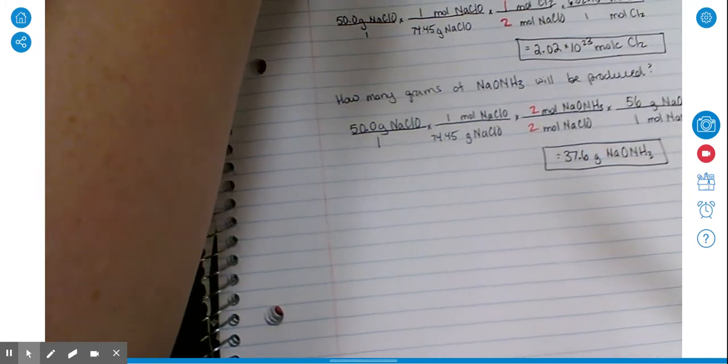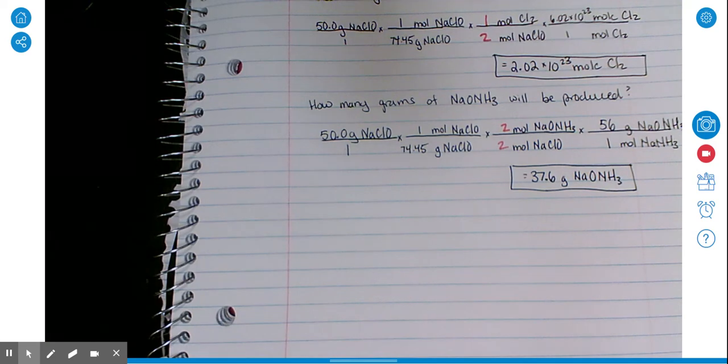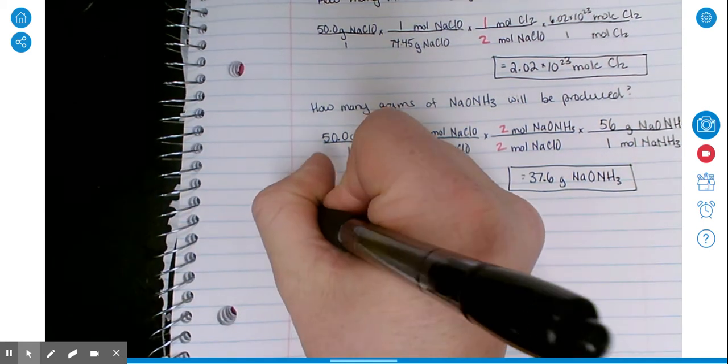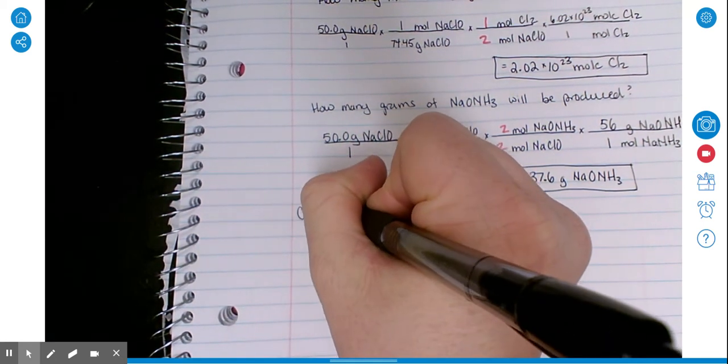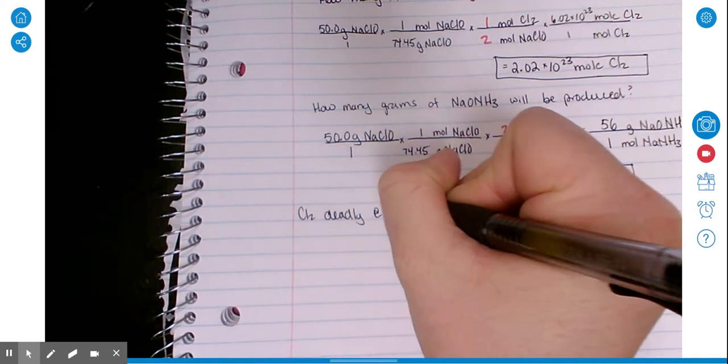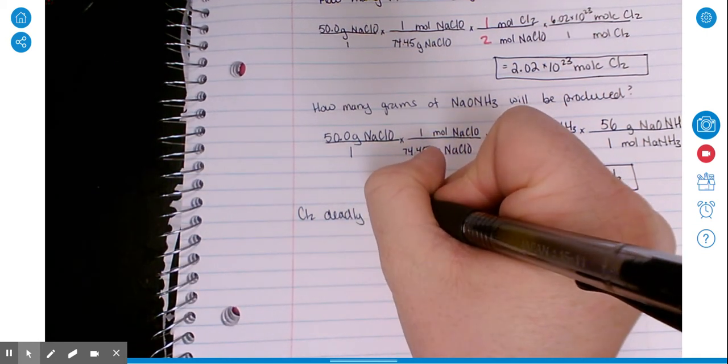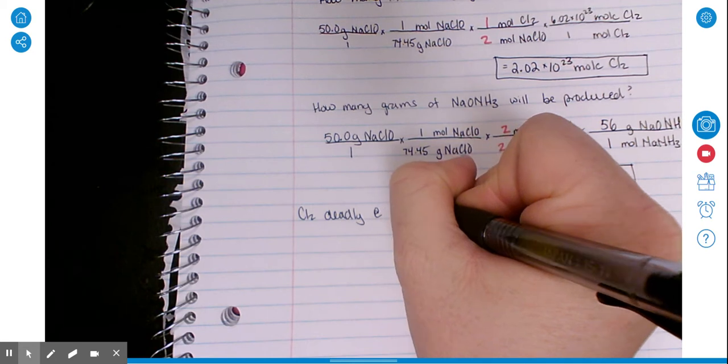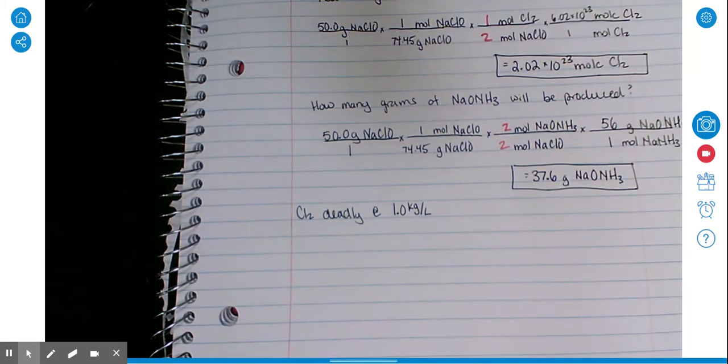Now, to throw a little bit of real world application in. Problem 3 states that chlorine gas is deadly at concentrations higher than 1 kilogram per liter. So Cl2 is deadly at concentrations of 1.0 kilogram per liter.